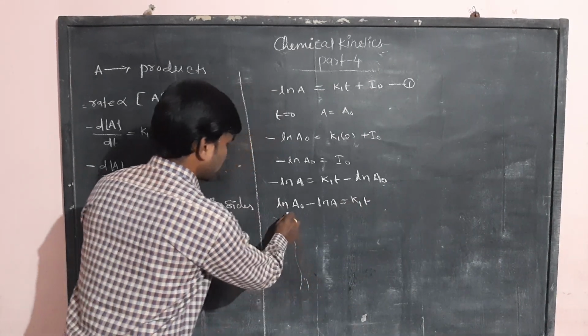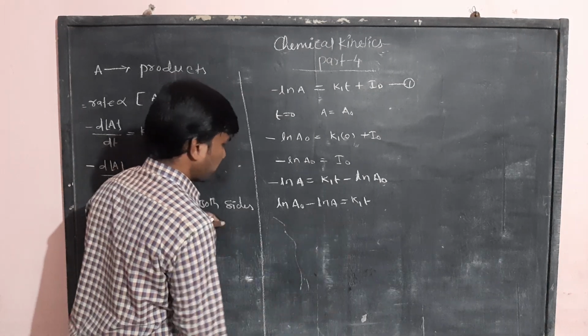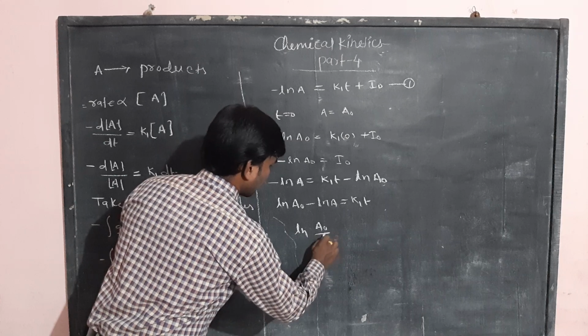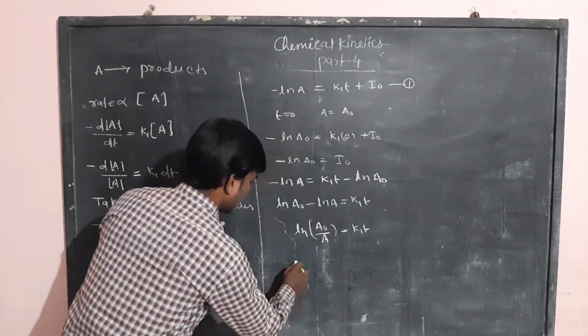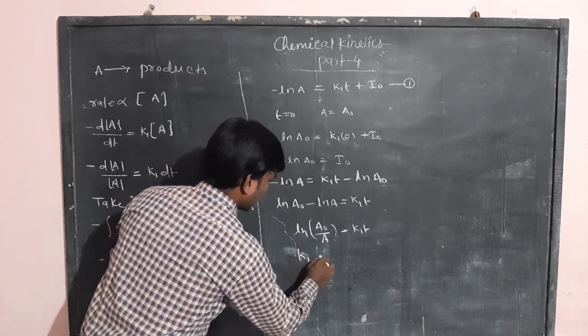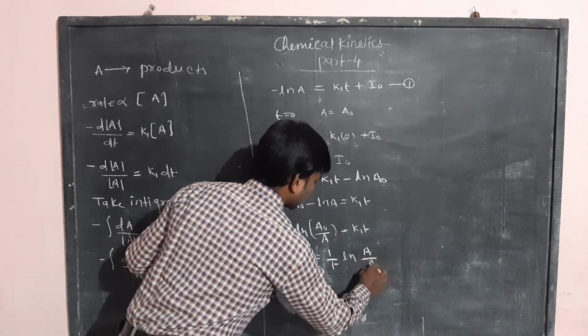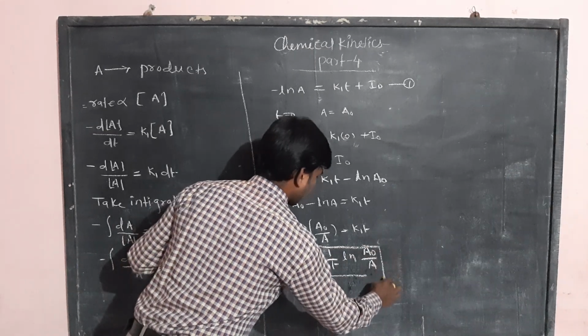This is in the form of log A minus log B, so ln A minus ln B is equal to ln A by B. Then ln A naught upon A is equal to K1 into t. So K1 is equal to 1 by t into ln A naught upon A. So this is the integral rate equation.